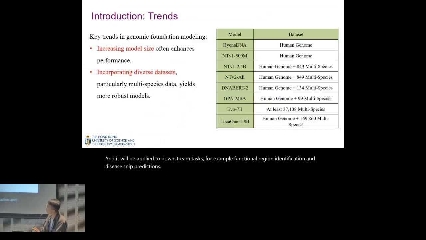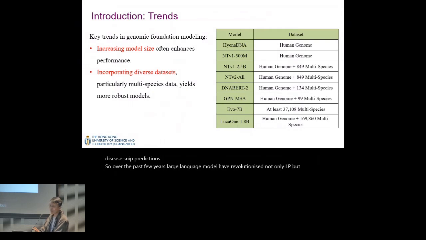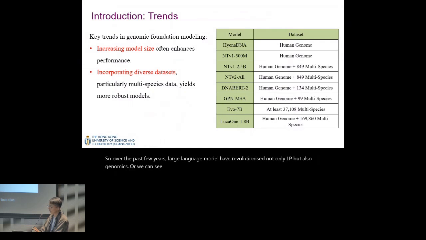Over the past few years, large language models have revolutionized not only NLP, but also genomics. We can see models like MutBERT and the Nucleotide Transformer tackling complex tasks in functional genomics. Sourced from NLP, functional genomic foundation models also adopt similar design ideas.